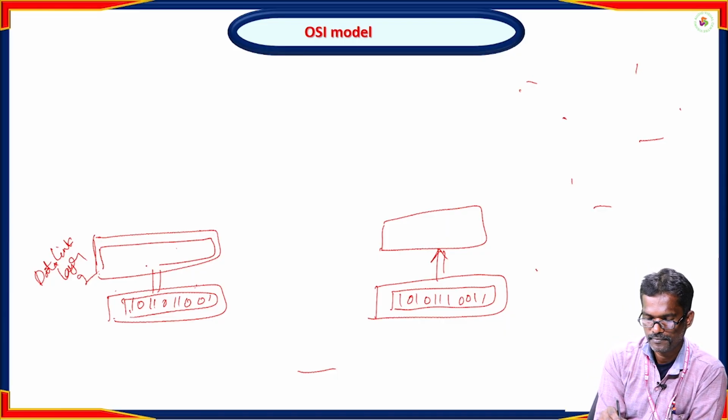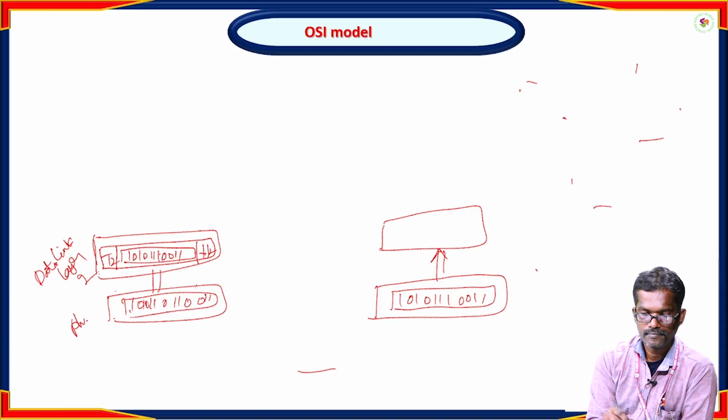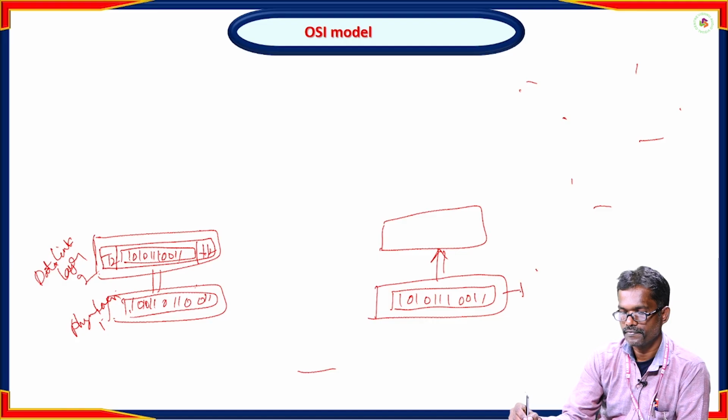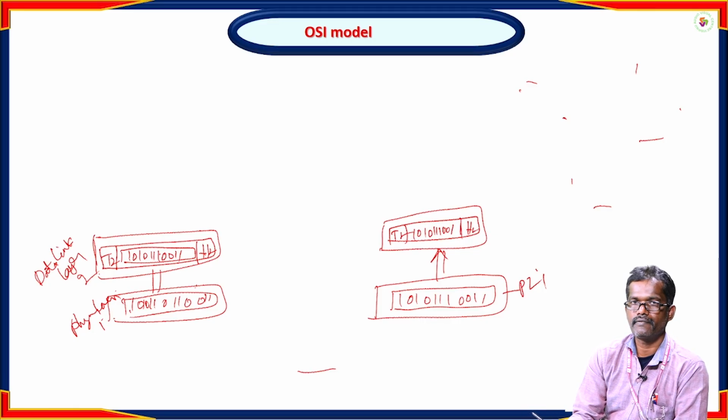This is the data we are going to send, 1 0 1 0 1 1 1 1 0 0 1 1. This is physical layer 1 and this is the data link layer. Here also the same, T2 and H2, with the data between them, 1 0 1 0 1 1 1 1 0 0.